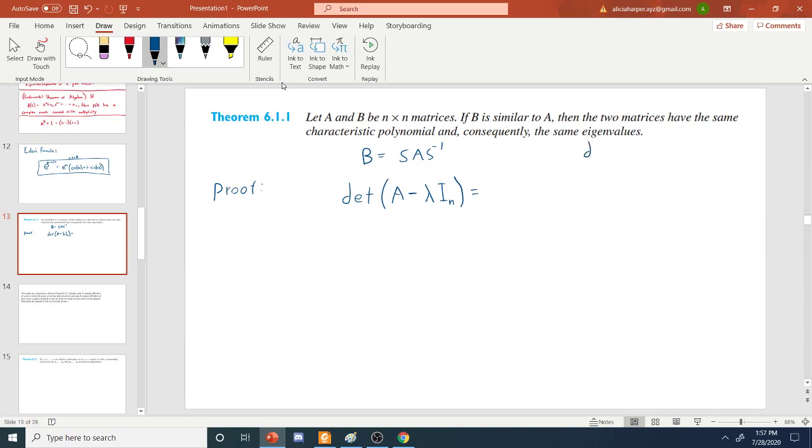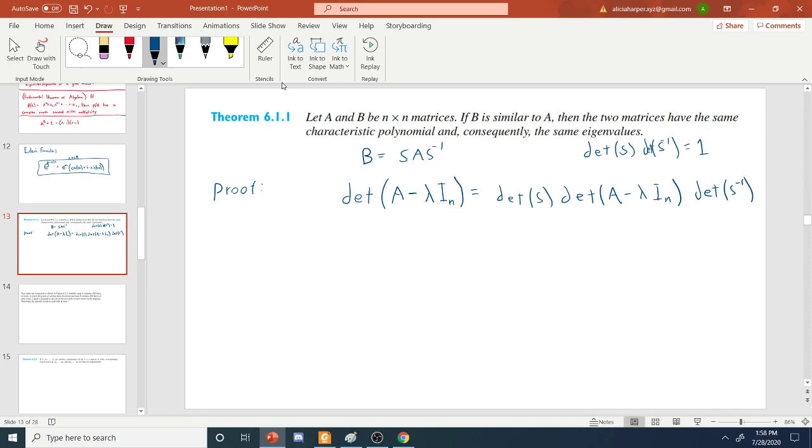Now, we also have that the determinant of S times the determinant of S inverse is equal to 1. So this thing right here is actually the same thing as the determinant of S times the determinant of A minus lambda I_n times the determinant of S inverse.